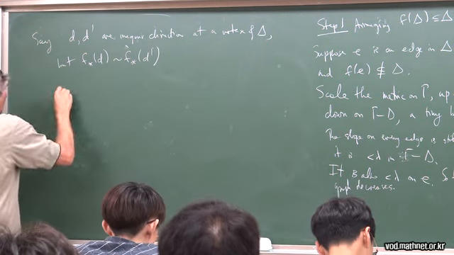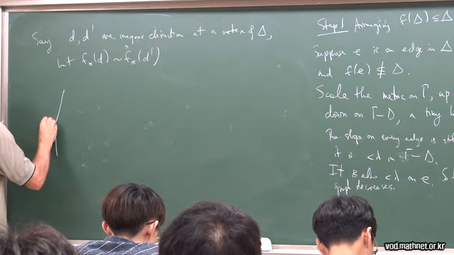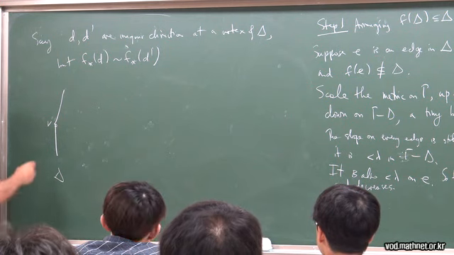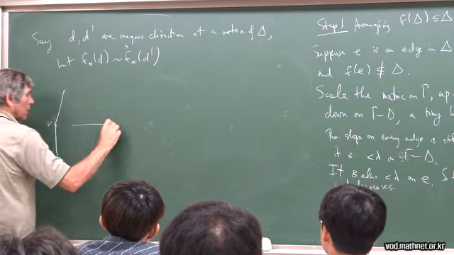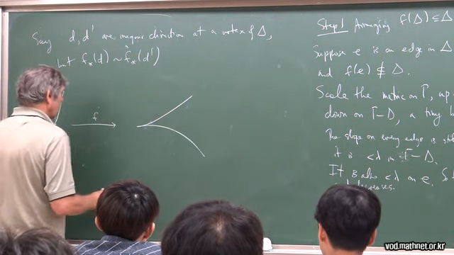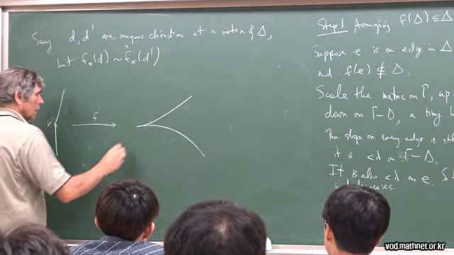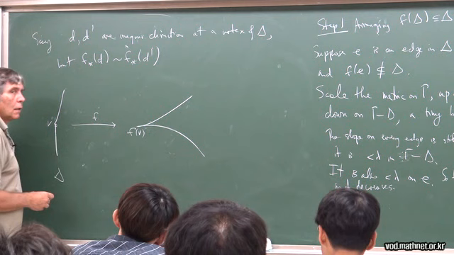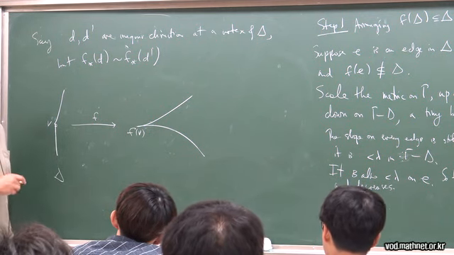In other words, I have some vertex in delta. This is the picture in delta. I have a legal turn here, but somehow f sends this to an illegal turn, like this. This is f of b over here. Right? So what do I do then?